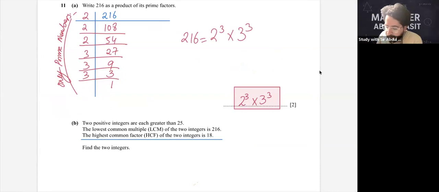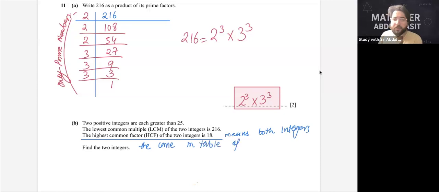HCF, it means both integers come in table of 18. ठीक है जी? Both integers will come in table 18, and both of them are greater than 25.